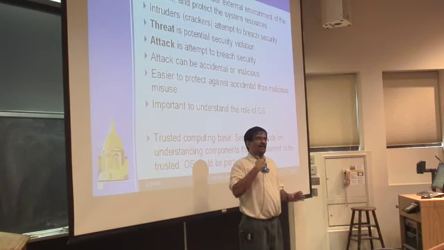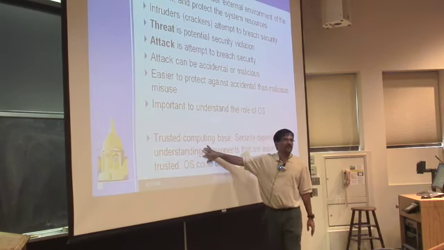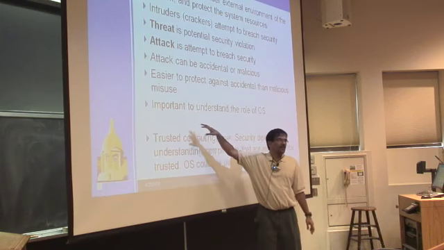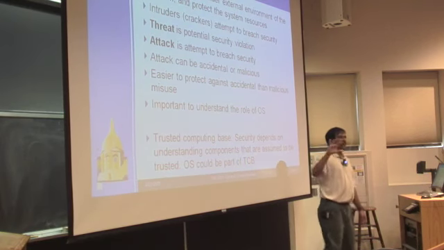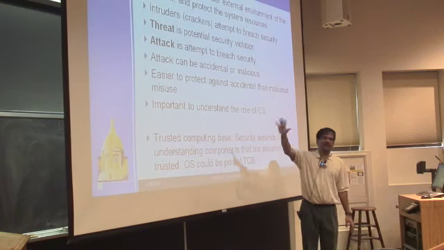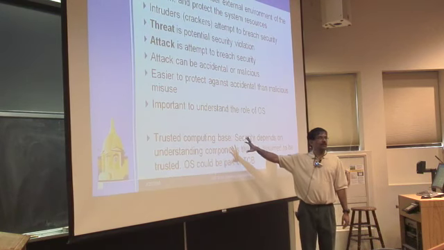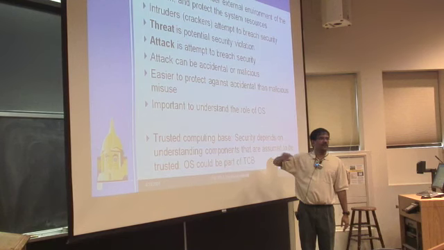I cannot question this decision. So a lot of thought has to go into figuring out what is a trusted computing base and what is not trusted. I'm protecting against the threat, but I'm not protecting against the trusted computing base.